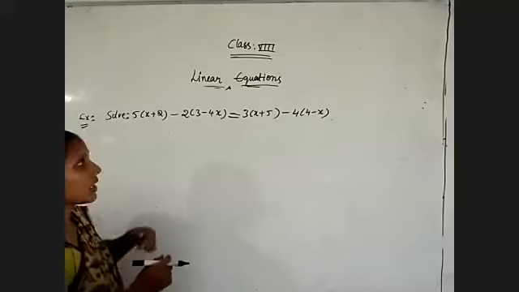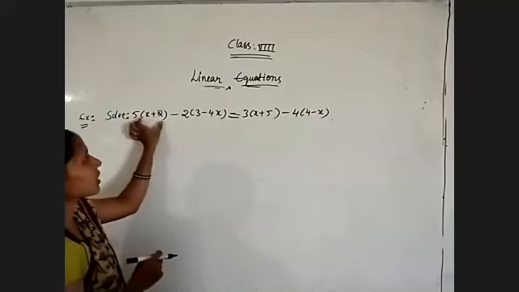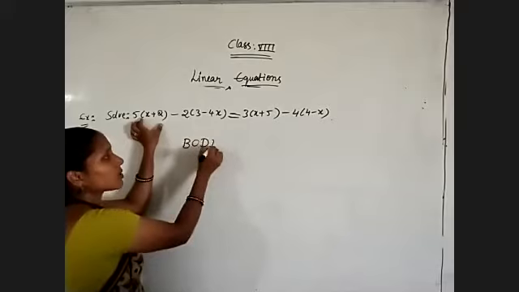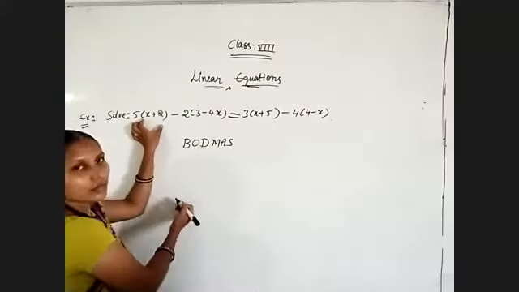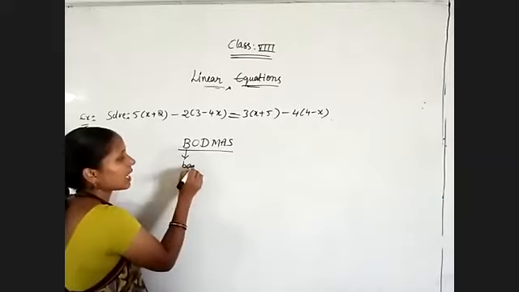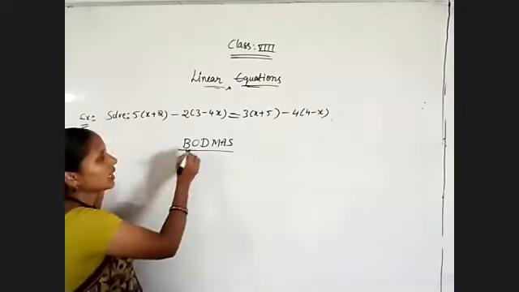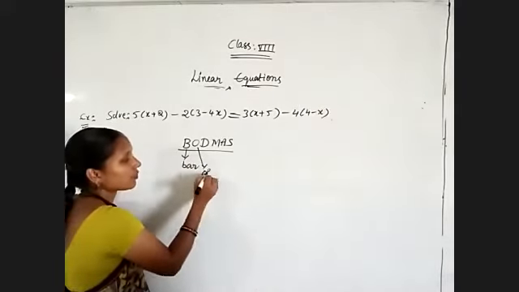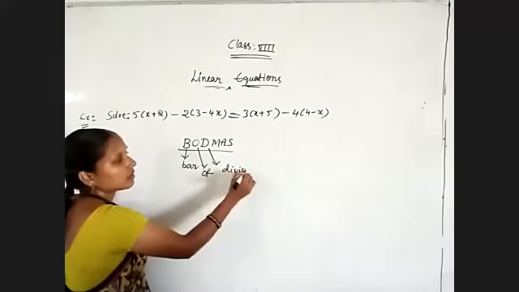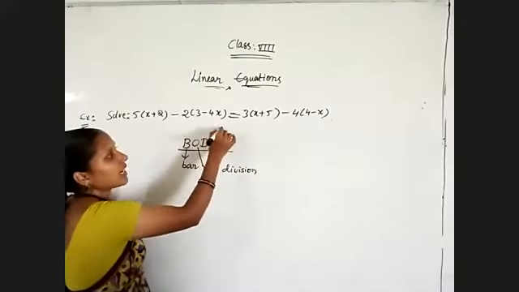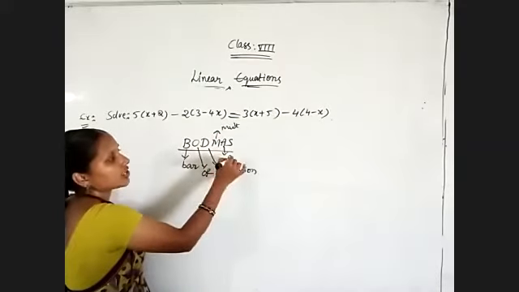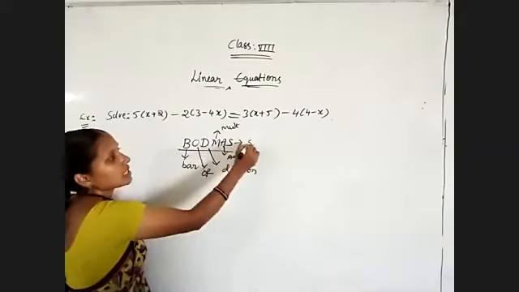Okay, before that, whenever brackets are included, I hope you remember the BODMAS rule. The BODMAS rule states that first we need to simplify bar or brackets. Okay, and O is for of, and after that division, after that multiplication, after that addition, after that subtraction.